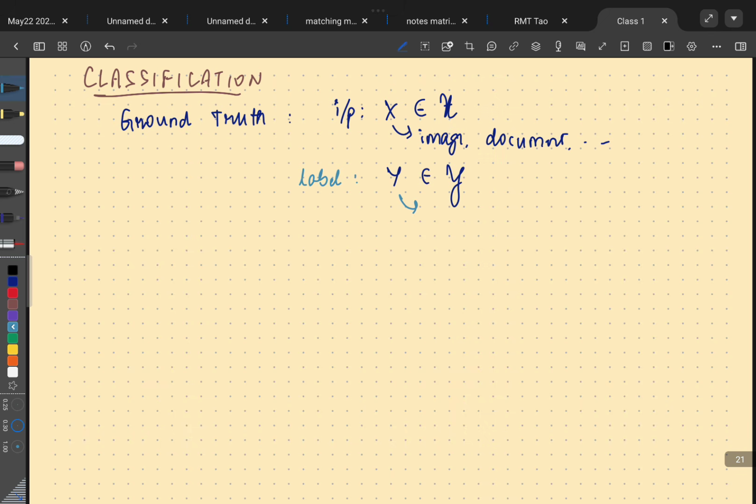So, for instance, in the example of classifying images, the label could be: there is a car in this image, or there is no car in this image. Or if you are given a piece of text, maybe a word, whether this is a noun or verb or adjective, and so on.